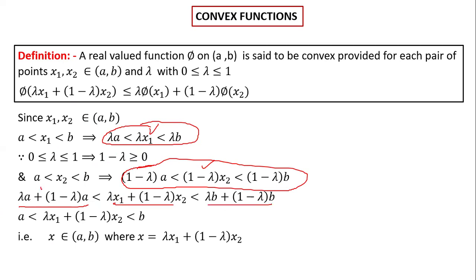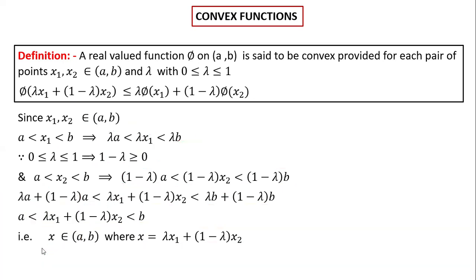On simplifying, you will simply get a, and on simplifying this, you will simply get b. That means the value which we have taken as the input also lies between a and b. So obviously, if we let x equal lambda x1 plus (1 minus lambda) x2, that means x belongs to (a, b).